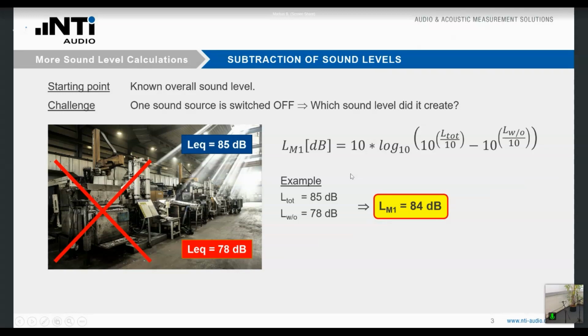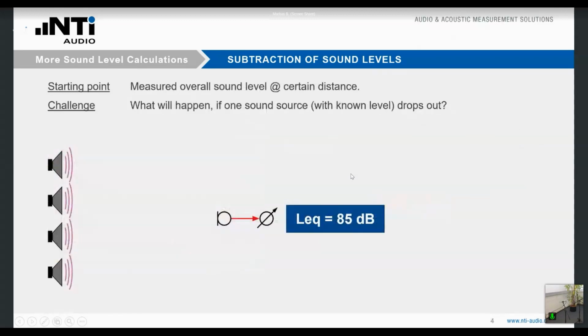But as I said, we can also take a look at this topic of subtracting sound levels from a different view. Here we have an array of loudspeakers, and these loudspeakers are creating a certain sound level. So you set up your microphone, and let's assume you're measuring an average level of 85 dB. Now, the question is, what will happen if we switch off or remove one of these loudspeakers?